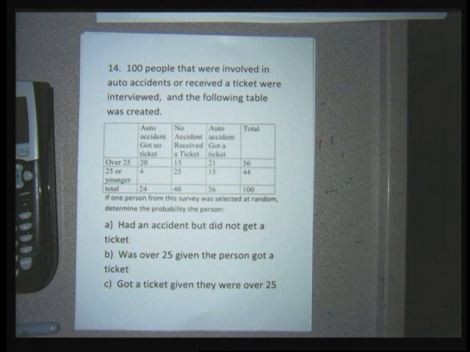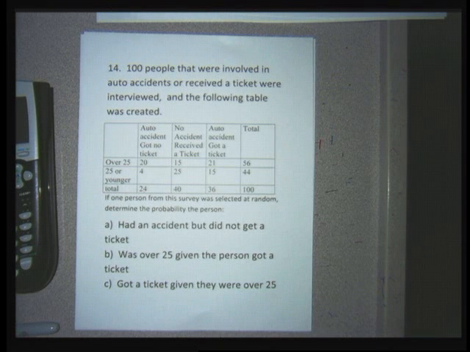On top of it, we broke the drivers up into over 25 or 25 and younger, because somehow 25 is the magic age for car insurance. And once you get to be older than 25, sometimes your car insurance goes down. So as I look through the questions, they're all asking me probabilities.